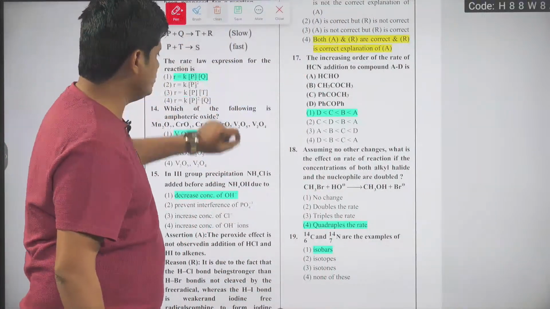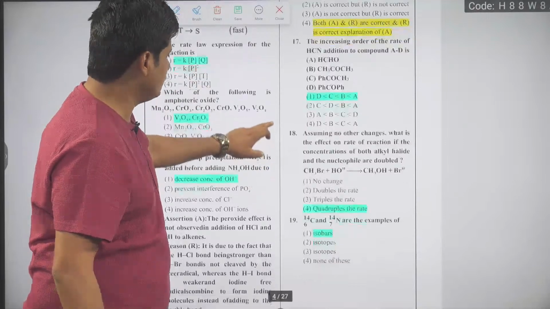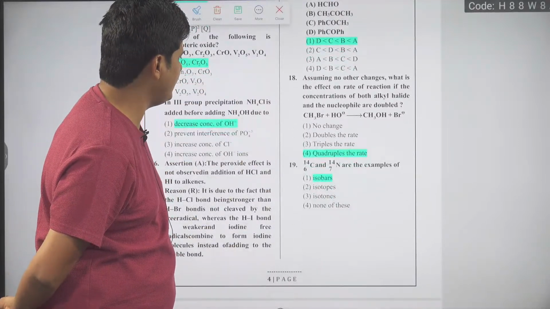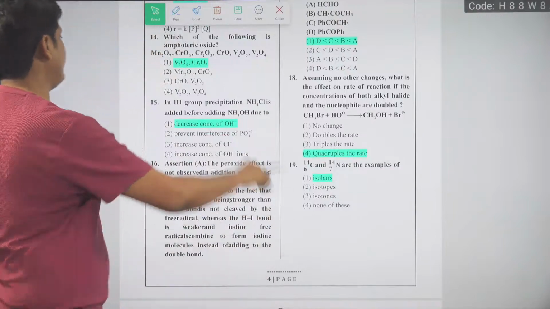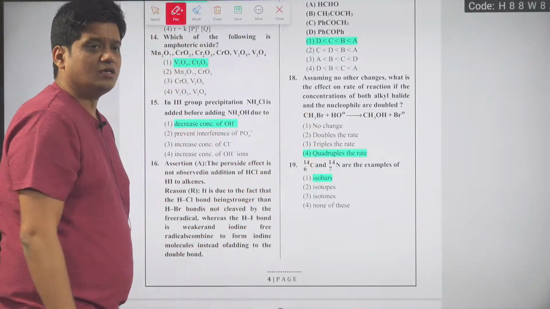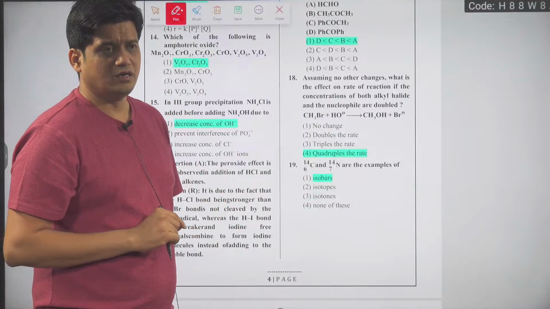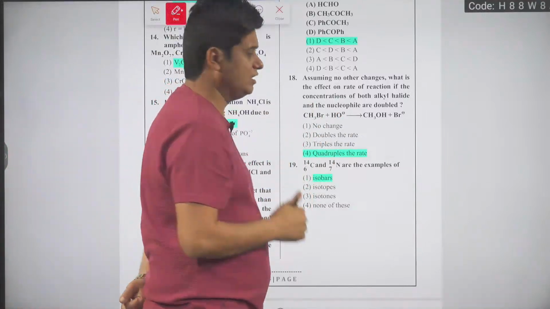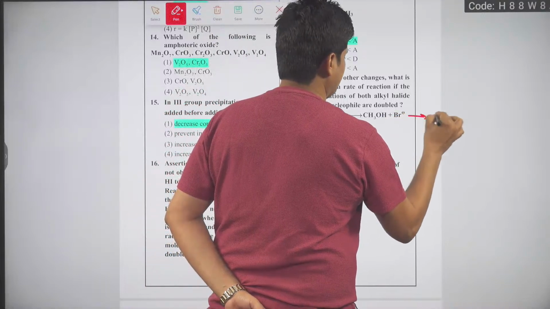They are saying, assuming no other changes, what is the effect on rate of the reaction if concentration of both alkyl halide and nucleophile are doubled? Very good question. What is given? CH3Br, a methyl halide, and OH minus nucleophile are given. This will go for which reaction? SN2 reaction.